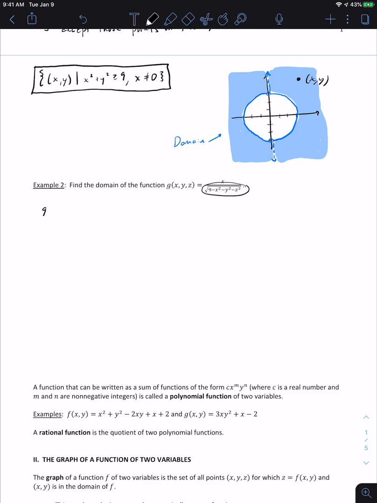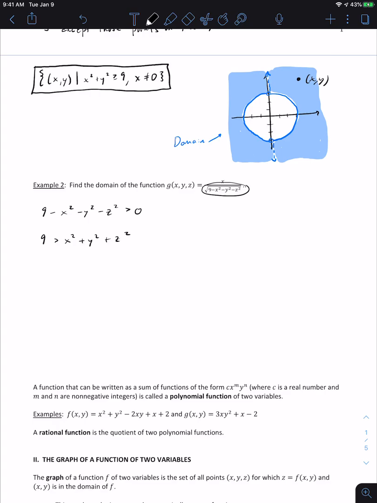So I need 9 minus x squared minus y squared minus z squared to be greater than or equal to 0 because I need to have only non-negatives going in the square root. But it actually also can't even be 0, because if it's 0, then I would have a 0 in the denominator. Right? So I need this to be a strict inequality. So now I get 9 is greater than x squared plus y squared plus z squared.